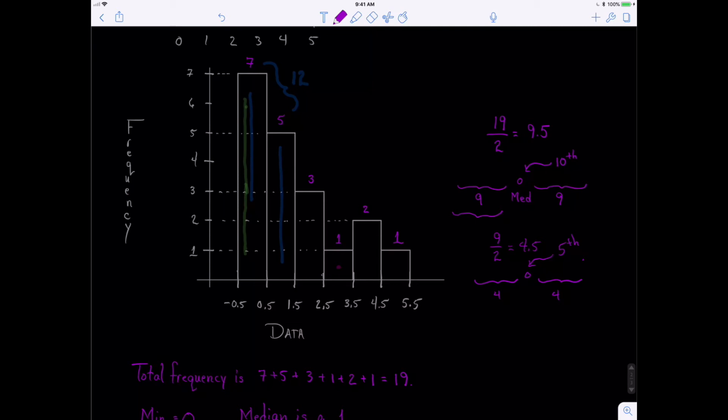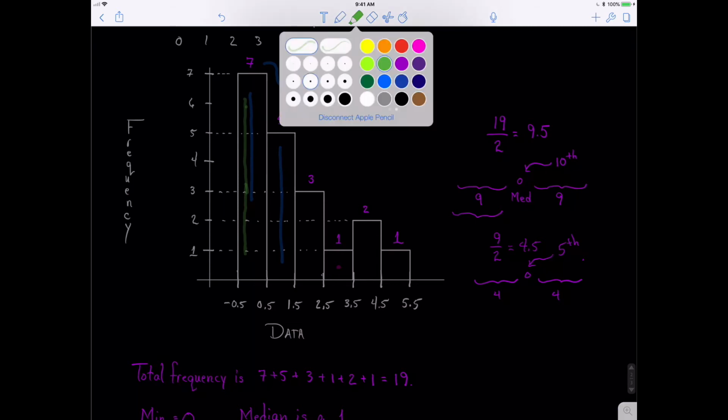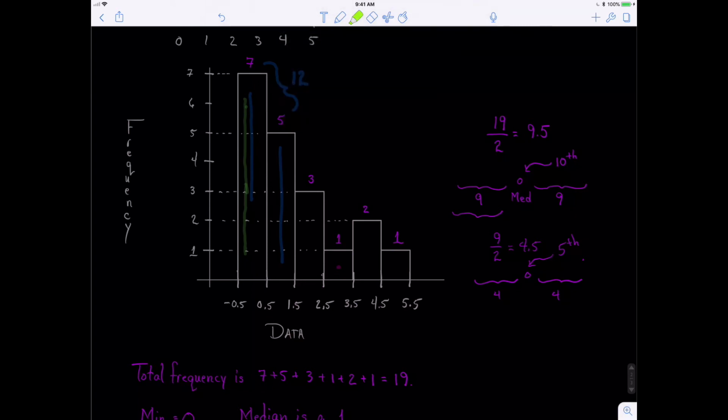Now the same idea applies for Q3. Let's think about this, because here's what happens for Q3. Let's use a different color for that. For Q3, we know it's the 5th value, because it's going to be the middle value of the upper 9. So this time we start at the upper end of the data set. If I look in the first bin, that's only one value.